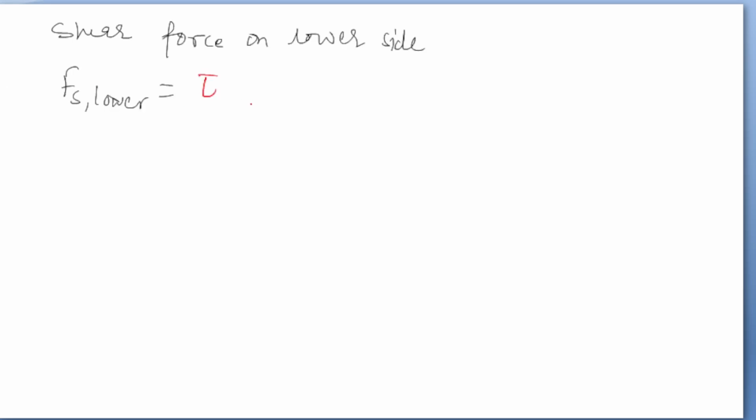Now the shear force on the lower side, Fs lower, is tau s lower side into area, which is mu times (v minus vm) by h2 into area.